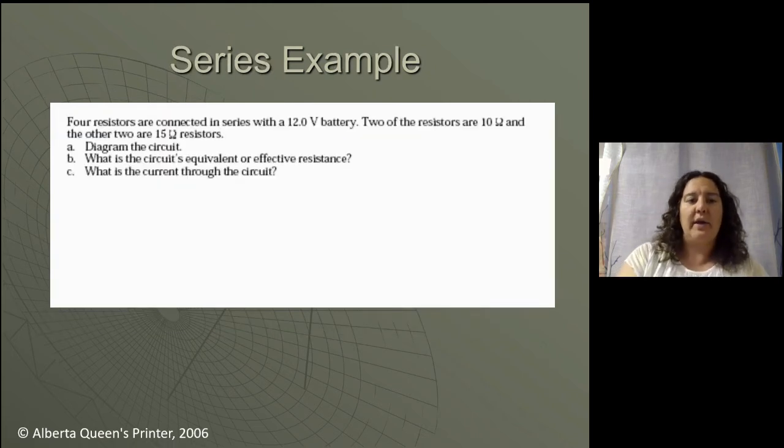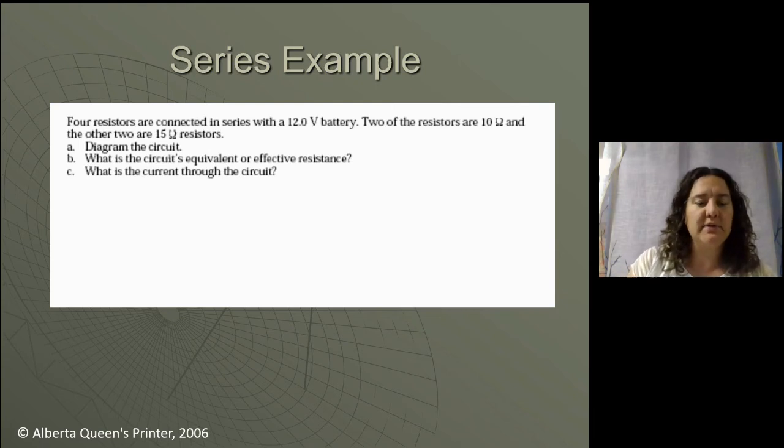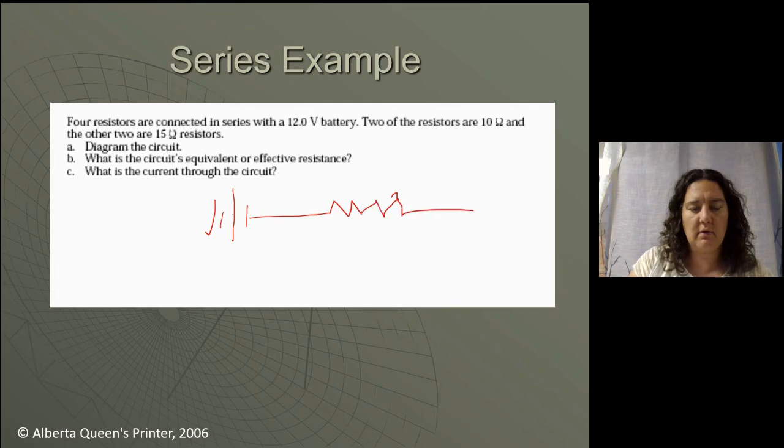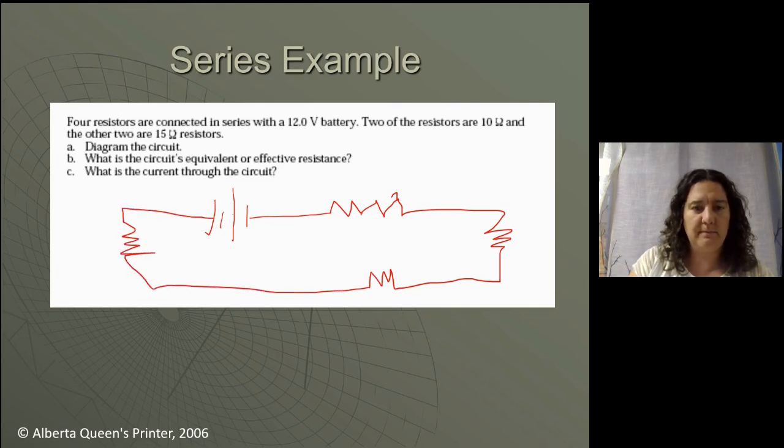Okay, now we're going to look at a series circuit. So 4 resistors are connected in series with a 12-volt battery. 2 of the resistors are 10 ohms and the other 2 are 15 ohms. So we're going to draw a diagram of the circuit. I'm going to draw my battery here, and then I have a resistor, another resistor, a third resistor, and a fourth resistor.